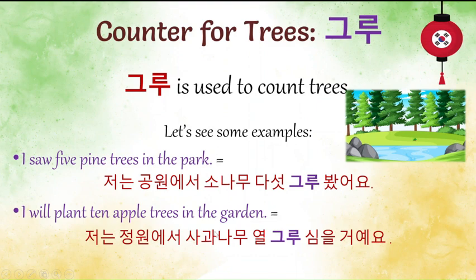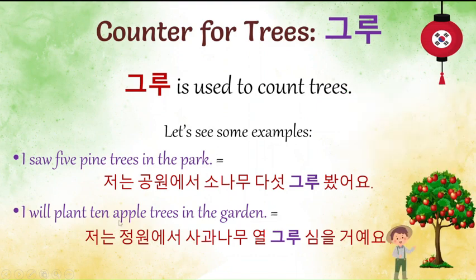Now let's look at the next example. I will plant 10 apple trees in the garden. 저는 정원에서 사과나무 10그루 심을 거예요. Here, I is 저는, garden is 정원. Apple trees, 사과나무. 사과 is apple and 나무 is tree. So apple tree, 사과나무.